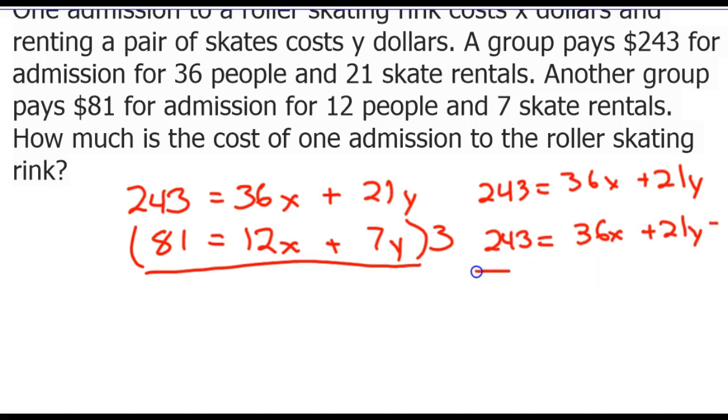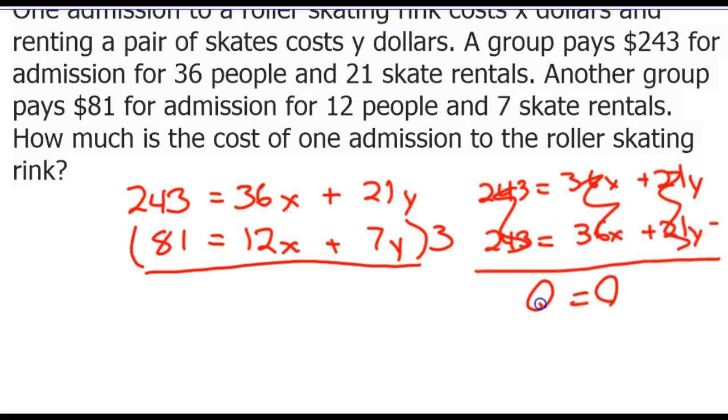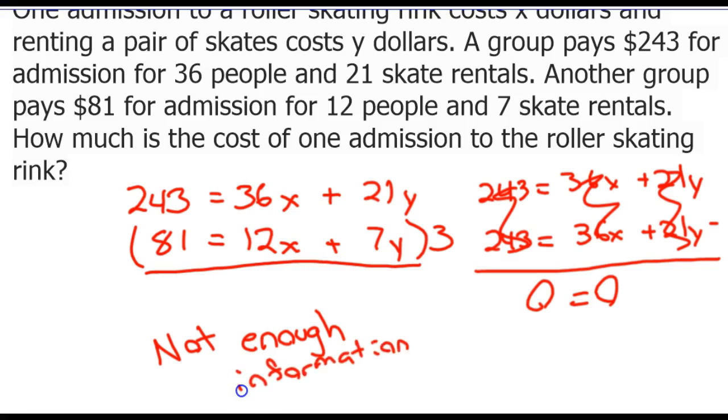Now if I subtract these all, this is going to eliminate, that will eliminate, and that will eliminate. So 0 equals 0. What this word problem is telling me is there's not enough information to figure this out. We can't figure out how much it costs for one admission to the roller skating rink just given these numbers.